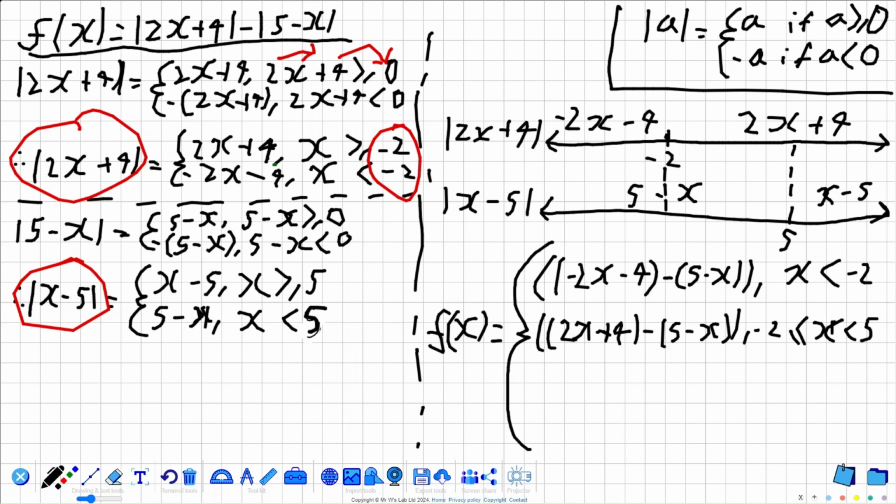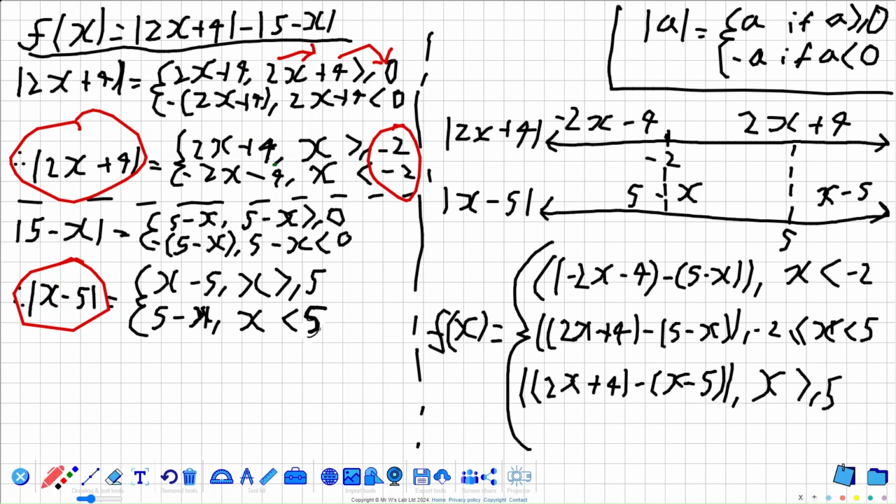And then the next one, the final one, is with the 2x plus 4 again, and then minus x minus 5, like that. And then that's for x is more than 5.